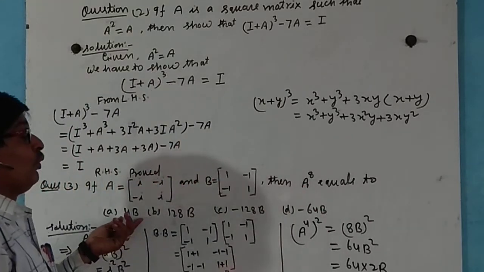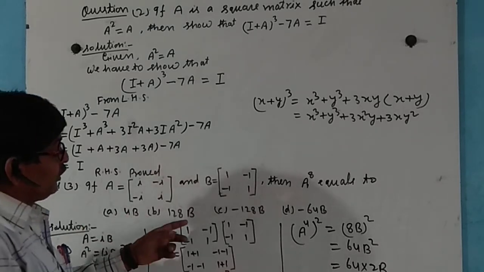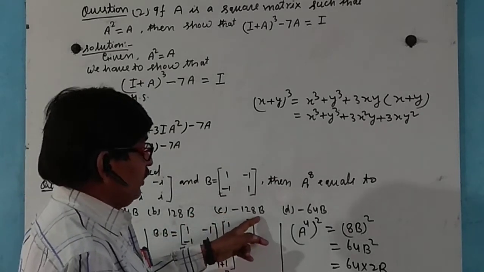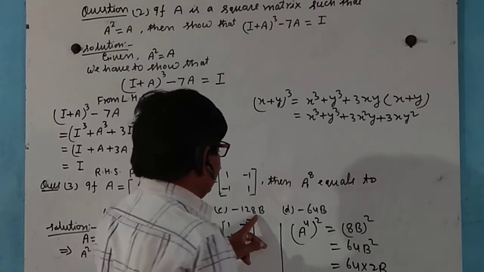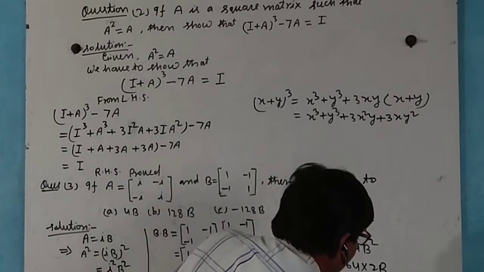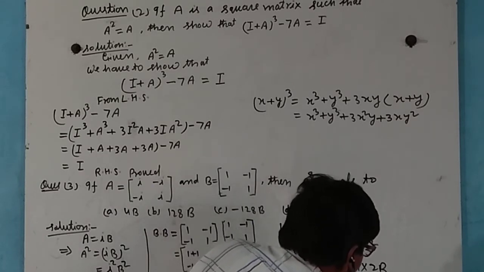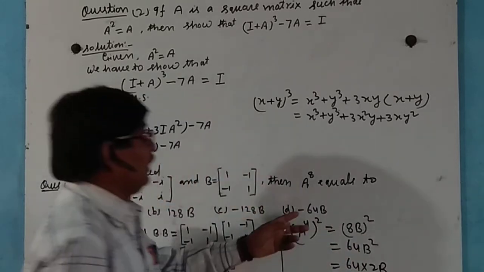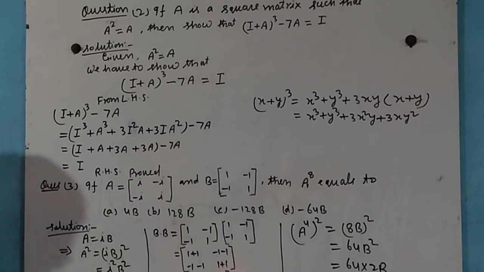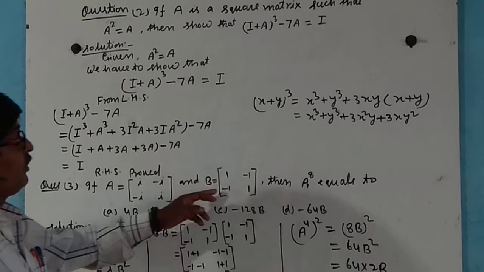The options are 4AB, 128B, 128B, and minus 64B.